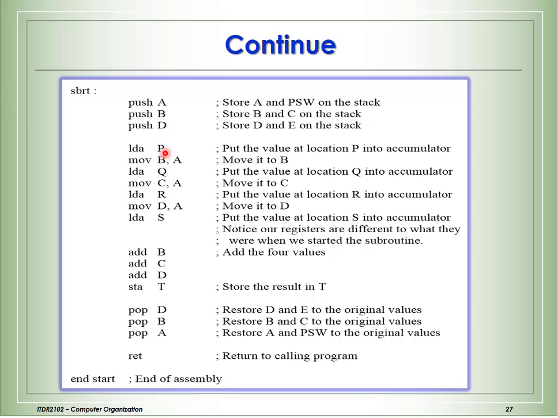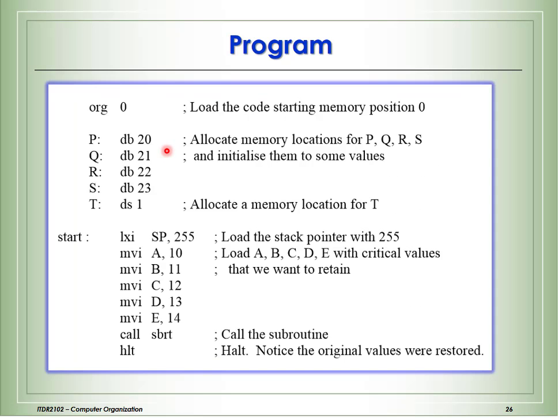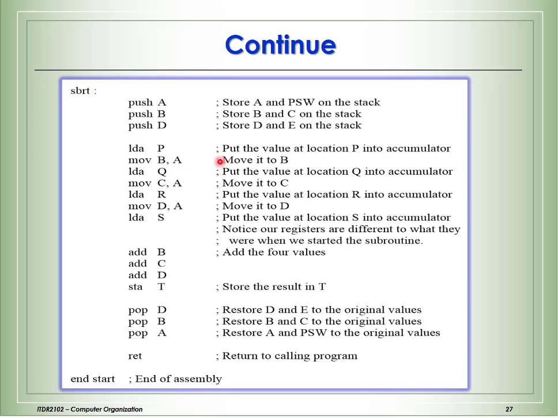Where? Here. Let's suppose 20 is at location P. So 20 will be loaded into the accumulator, and then the 21 will move to where? To the B register.